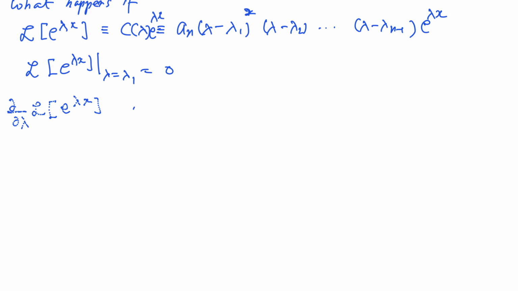We can continue. Finally, a_n (lambda minus lambda 1) squared (lambda minus lambda n) ... (lambda minus lambda 3) exponential lambda x, right? So if we set lambda equal to lambda 1, what happens?